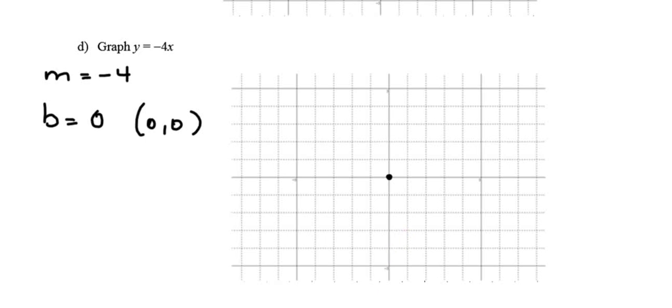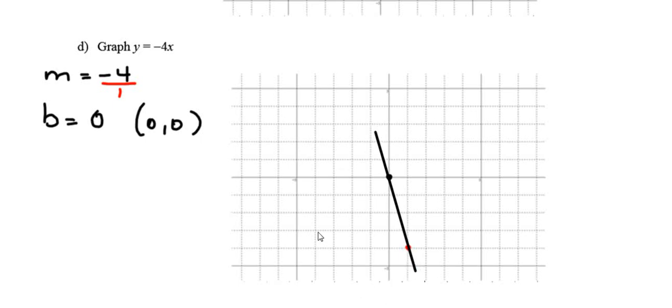And now I know that -4 can be written as -4 over 1. So my rise is -4 and my run is 1. So from here, I'm going to go down 4. 1, 2, 3, 4. And I'm going to go to the right 1. Okay, and then I'm going to join my 2 points, draw my line.